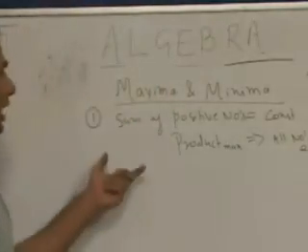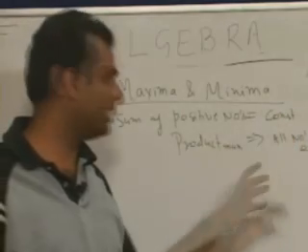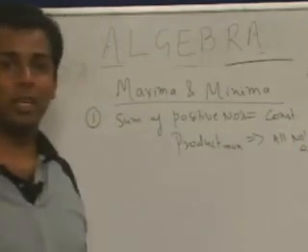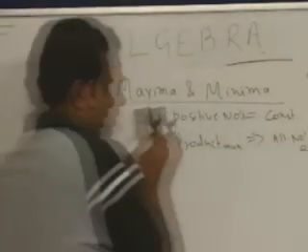Again, this is an important thing. I repeat once again: if the sum of positive numbers is constant, then their product is maximum when all the numbers are equal. Now, let's take a couple of applications of this logic.